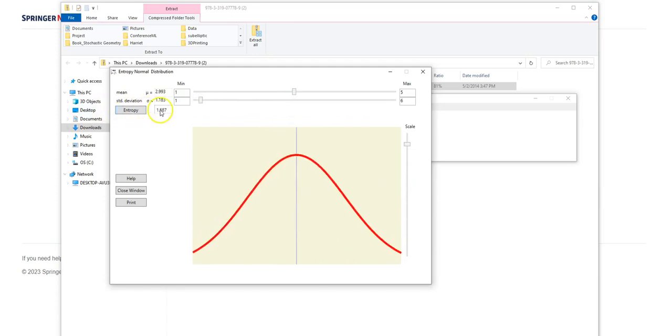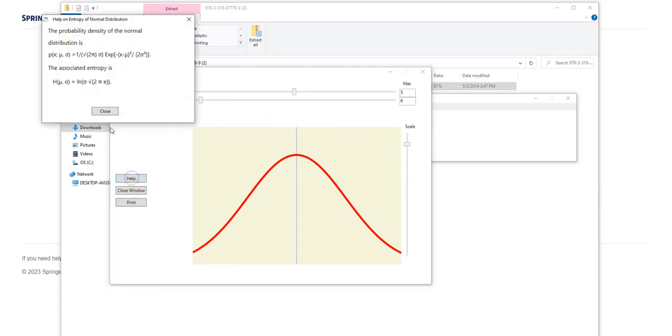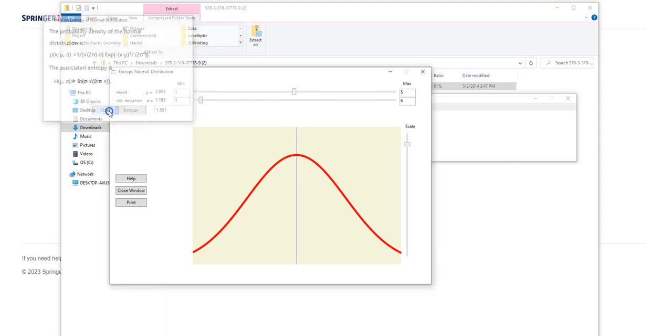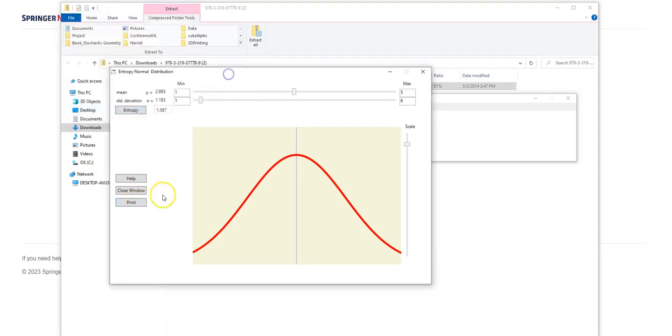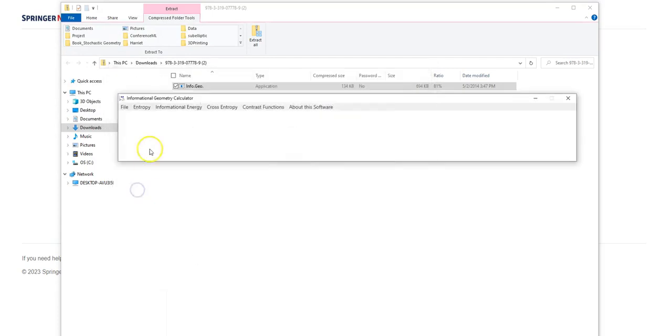And here there is an entropy computed for this. The formula for the entropy is given by, if you click help, that's the formula for the entropy right here, and that's the formula for the distribution. You can print your thing from here. You can close the window, compute the entropy for any other distribution.